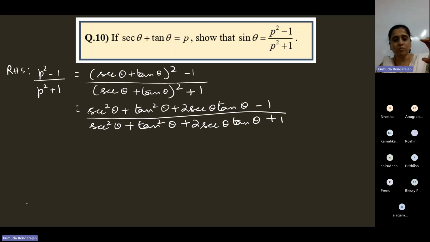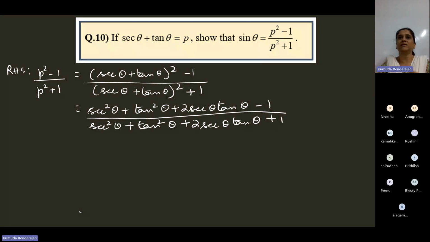Which ratio here, with minus 1, can give you a new result? Will secant square theta minus 1, or tan square theta minus 1, or 2 secant theta tan theta minus 1 give you a new result? Using identities.